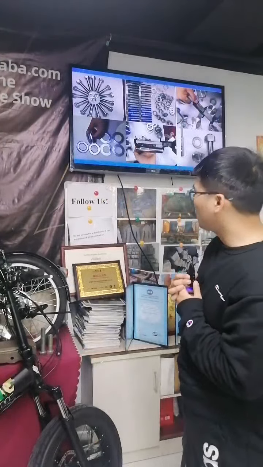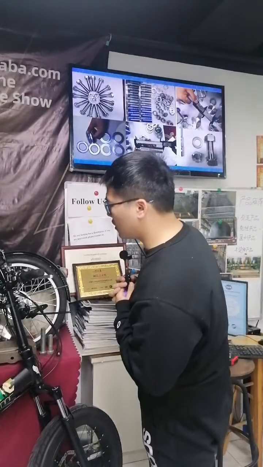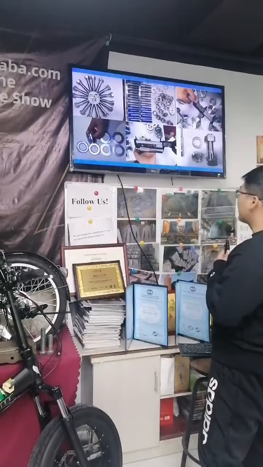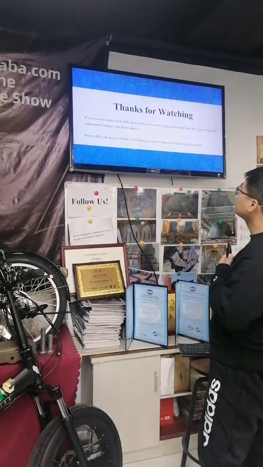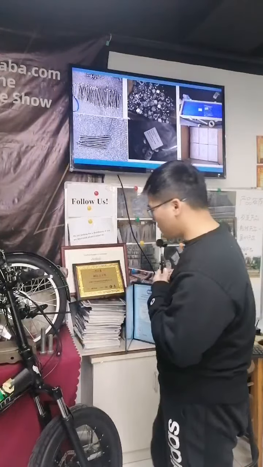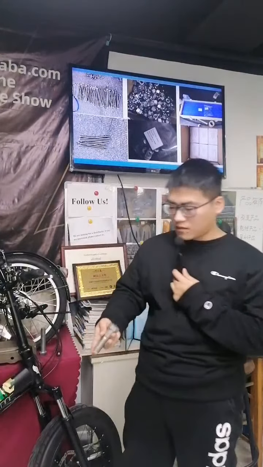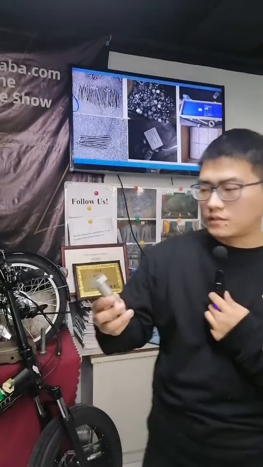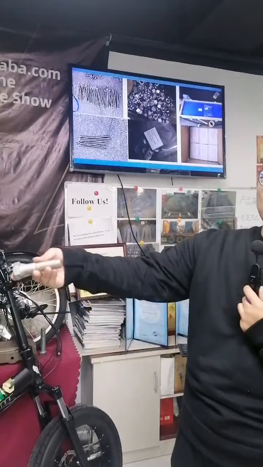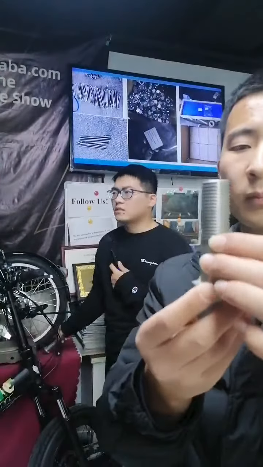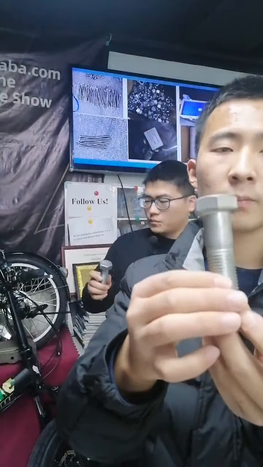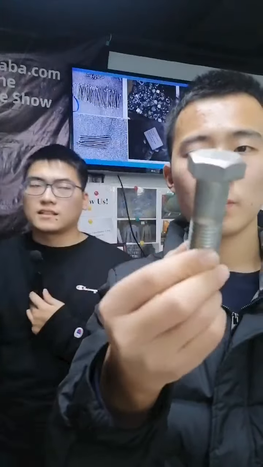And after that, we would like to show you other bolts which have other treatment. As you see in my hand, there are also bolts. Let's welcome Carl to show you the details. Yes, it's carbon steel, but it is coated by hot galvanizing.